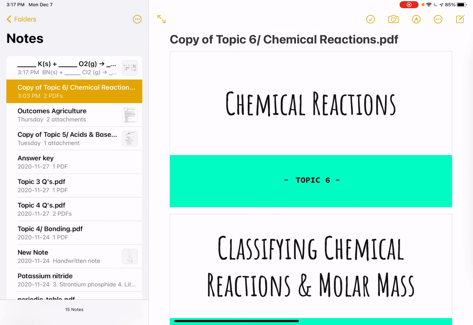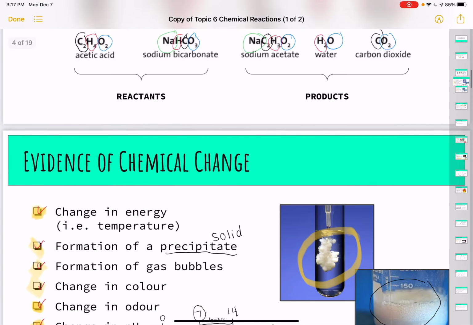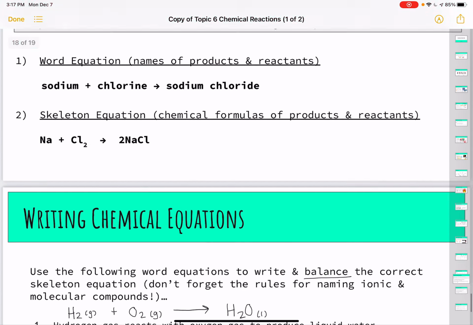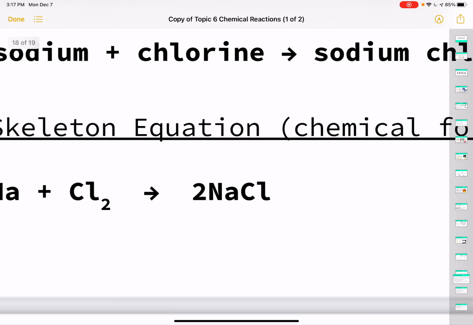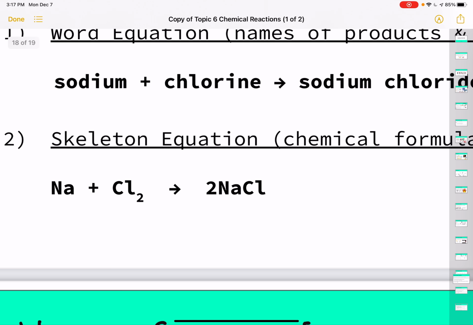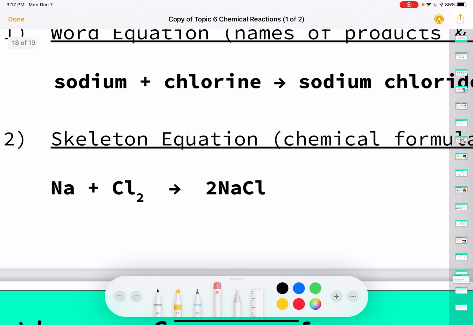So those are some examples for you. I'm just going to finish off this PowerPoint here. So this is on writing chemical equations. It says chemical equations can be written in 2 formats, word equations or skeleton. So far we've been looking at skeleton equations where you're basically writing out the chemical formula. So we got Na, that's our elements from our periodic table.